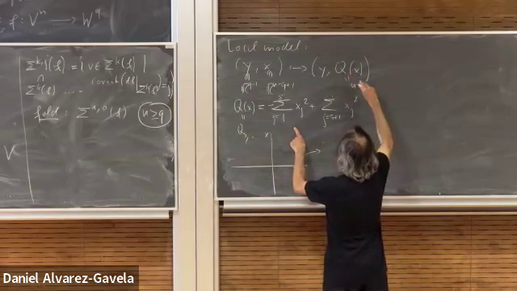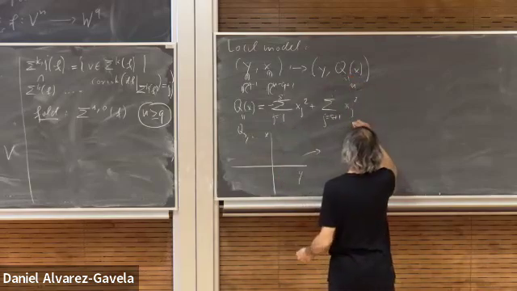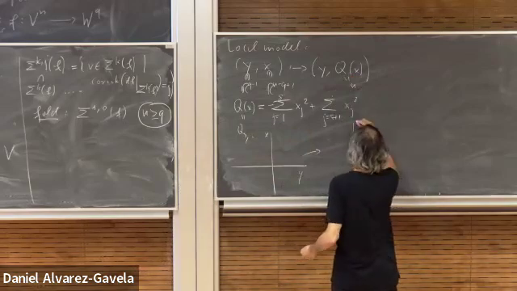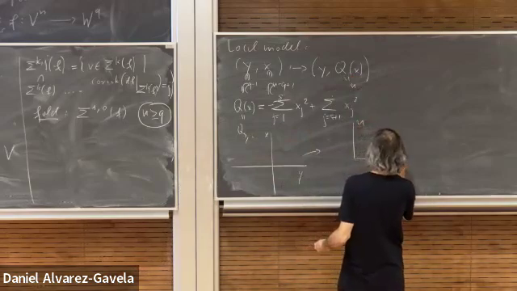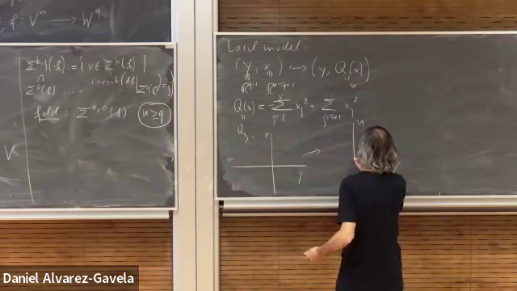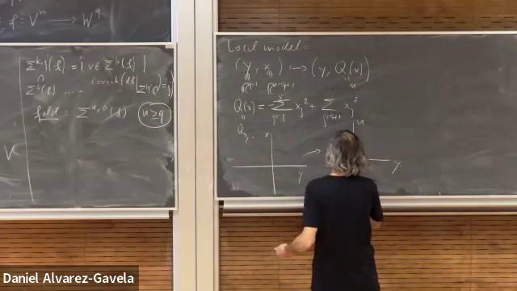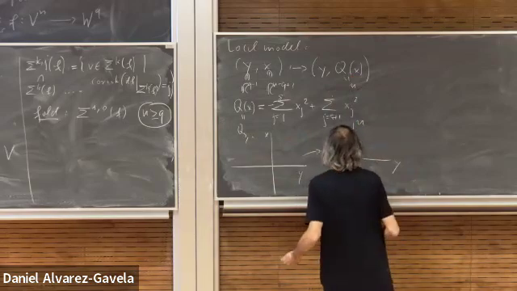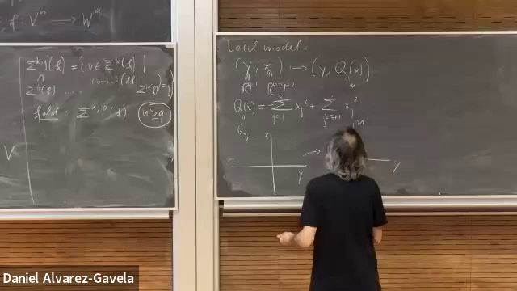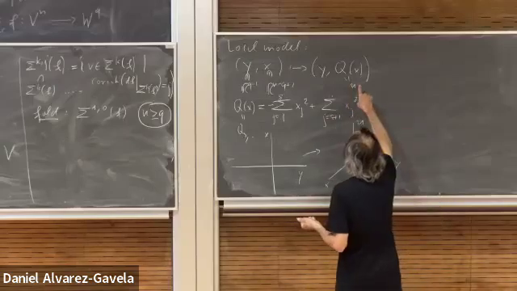Let's call this direction u. So u is upwards, I draw y to the right, and I draw x maybe down here. And u is the last coordinate.